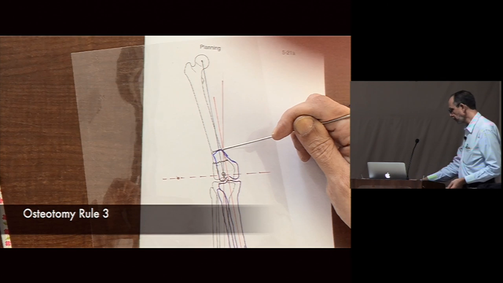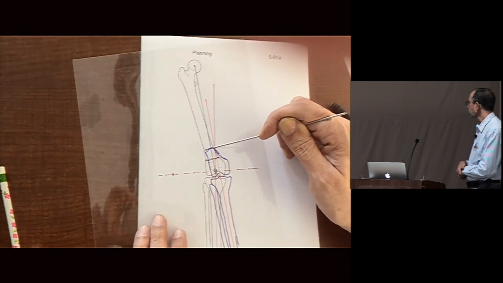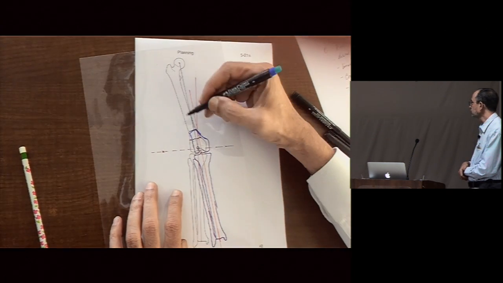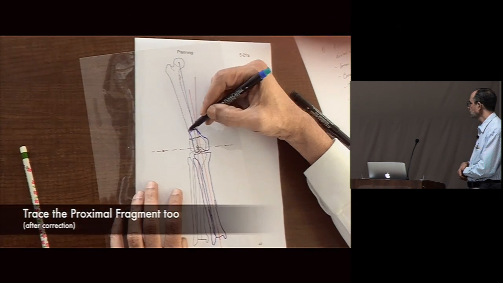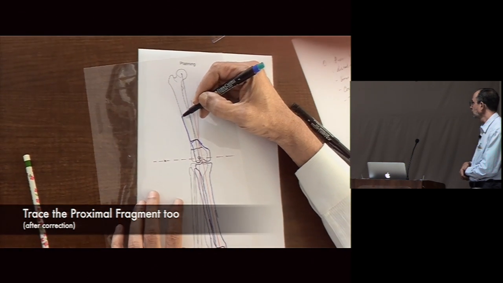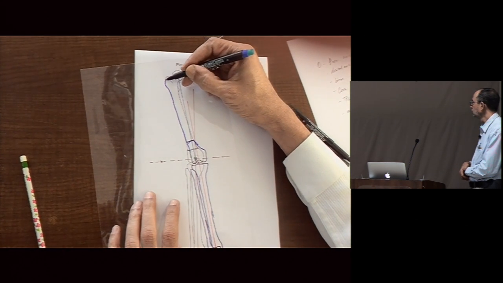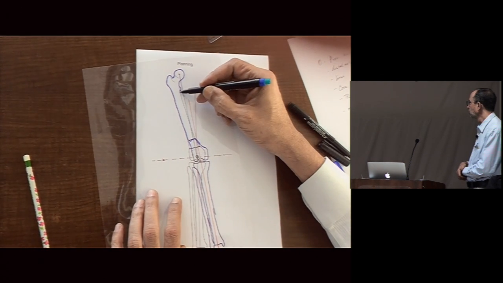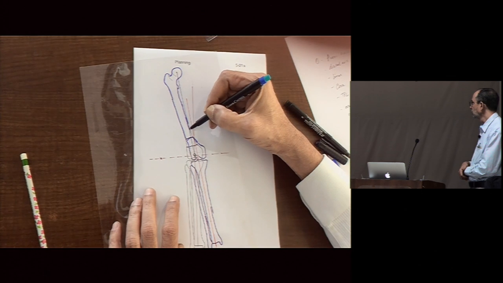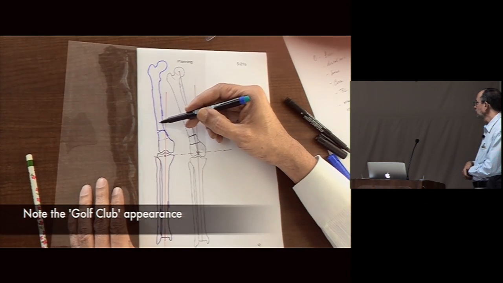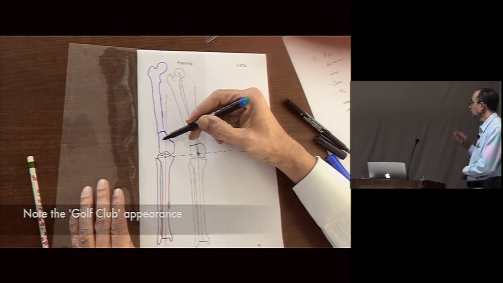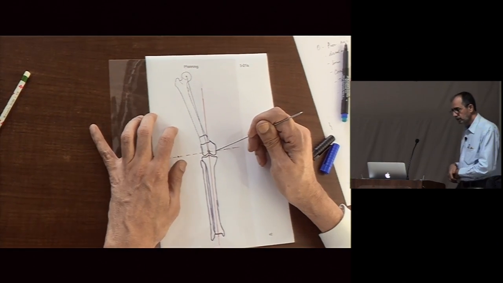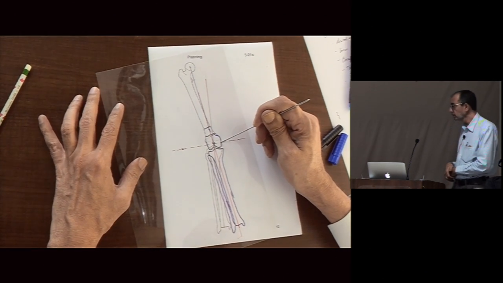You got this deformity, all you have to do is translate it a little laterally and everything will be set right. So this is the reason why you get a golf club.